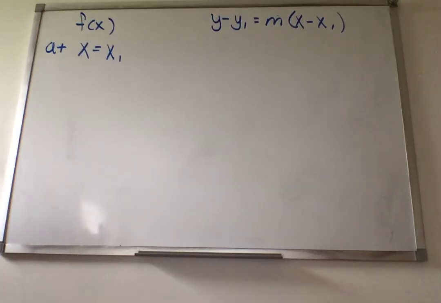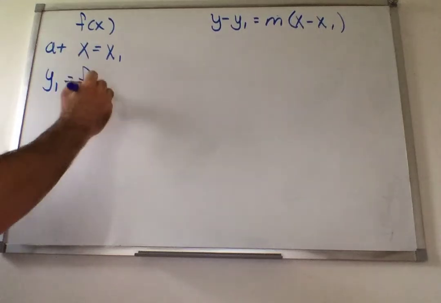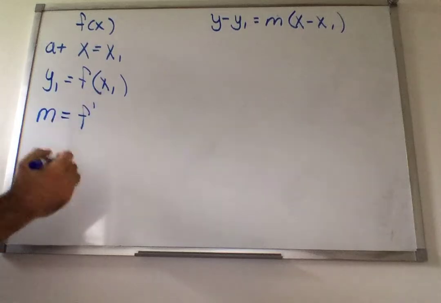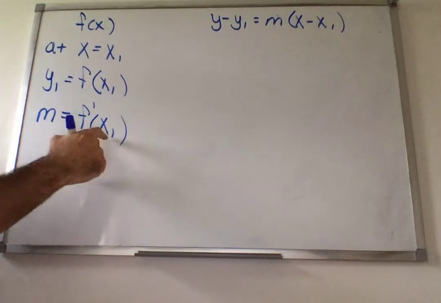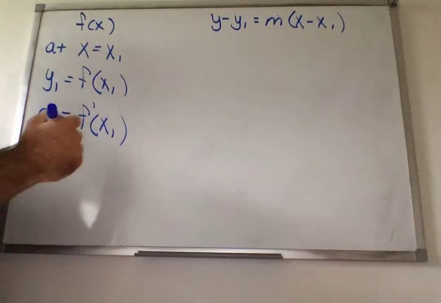Normally, we write at x equals a, and a is some number. We're going to write x1. There's a reason for it, and we'll see it in a little bit. So now, y1 is going to be equal to f of x1, and of course, our slope is the derivative at our point x1. So let me go ahead and rewrite this equation using our definitions.